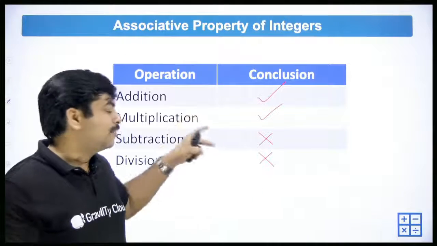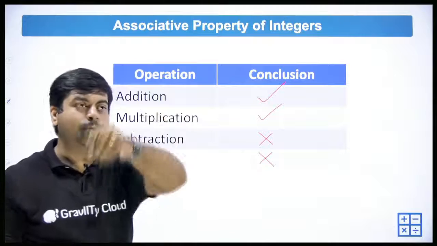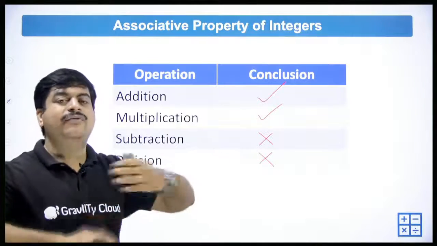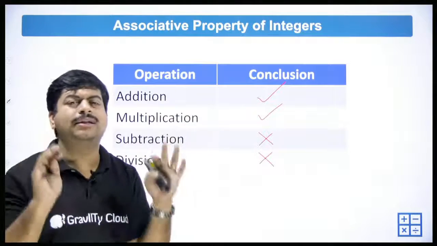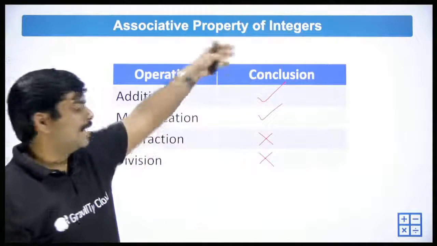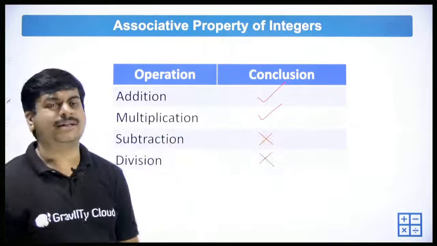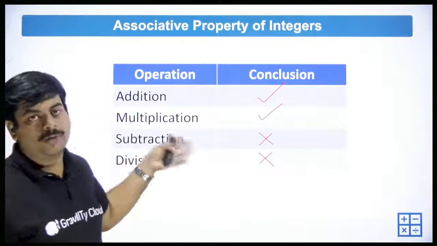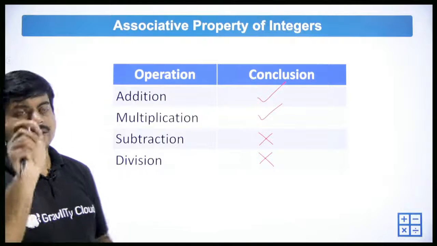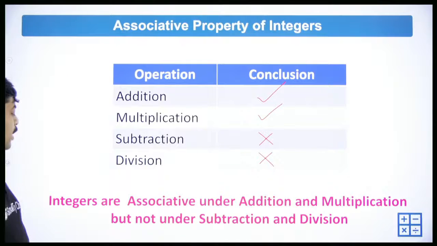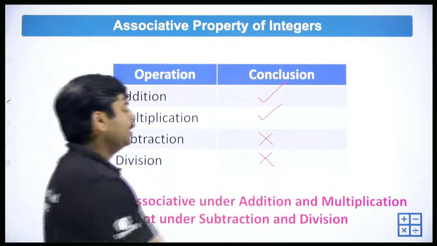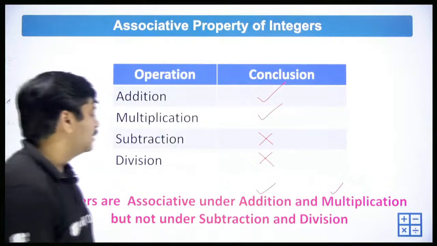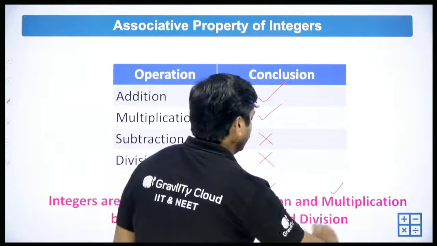These differences will come when you have negative and positive numbers in the case of subtraction, and in division, when you are dividing a fraction by a fraction. Not only with integers, with any numbers, these two will not satisfy the associative property, right? So let's move forward. Integers are associative under addition and multiplication, but not under subtraction and division.